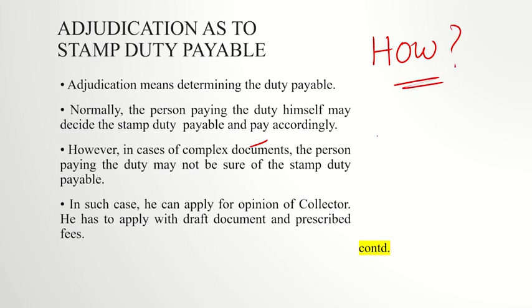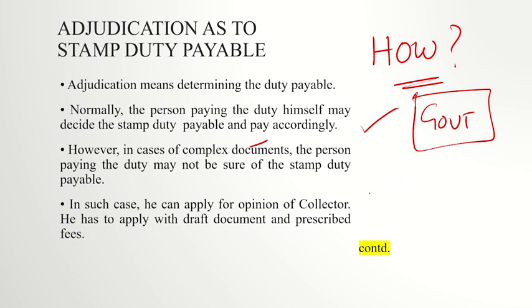In the Indian Stamp Act, sometimes we need to determine how much stamp duty to pay. So normally what happens, the person who is paying the duty will be paying according to his calculation. But then please remember, government should never be cheated by the public. So we should know how much is the exact stamp duty. So in complex documents, the person paying the duty may not be sure about the stamp duty which is payable.